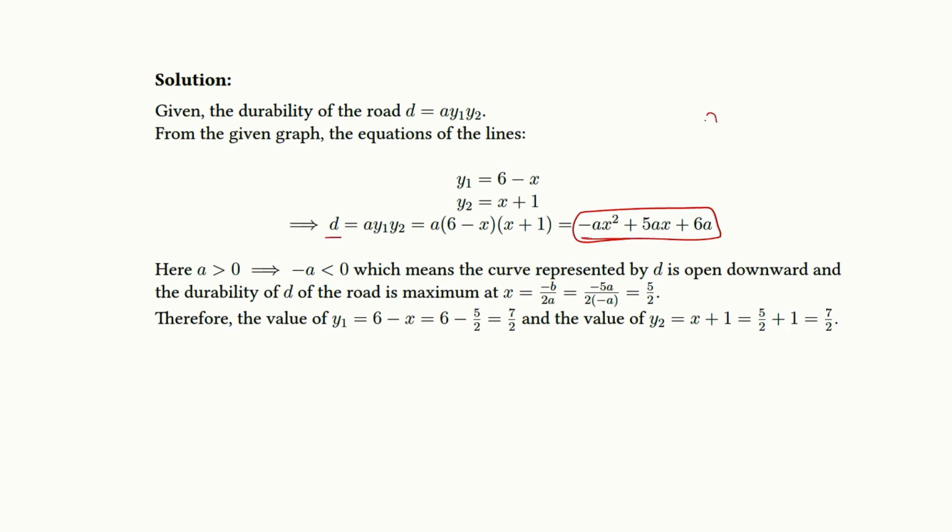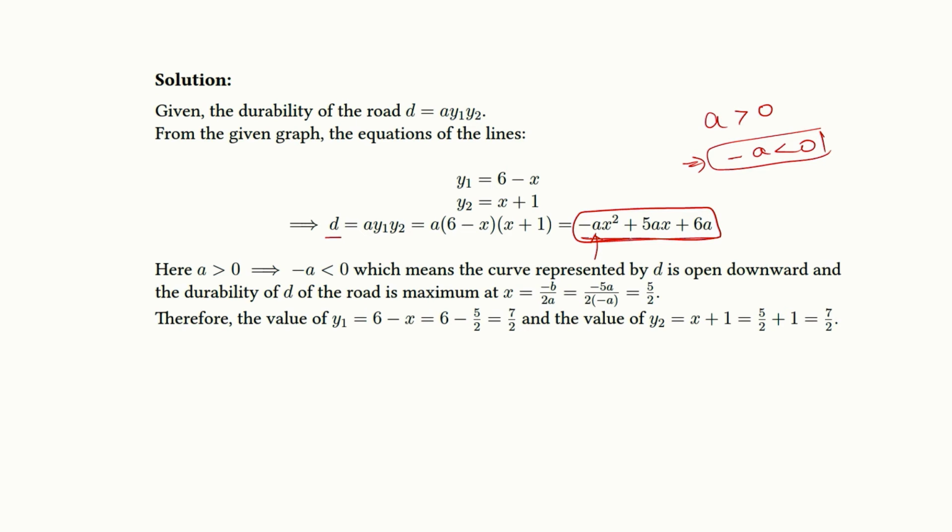Here we were given that a is greater than 0, which implies that minus a is less than 0. That means the coefficient of x square is negative, which tells us that the quadratic equation is a downward parabola, and the durability of D is maximum at x is equal to minus b by 2a.